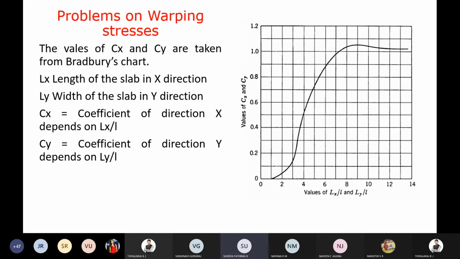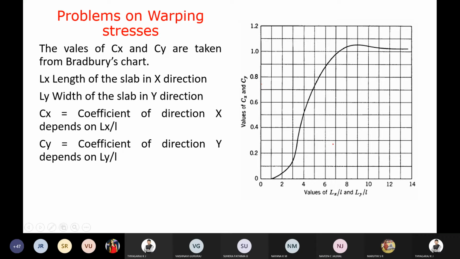Sir, CX value is 0.75, CY is 0.45, I'm getting. What is the LX by L value you have got? 5. Okay, so 0.72? You are getting 0.72? 0.75. Okay.